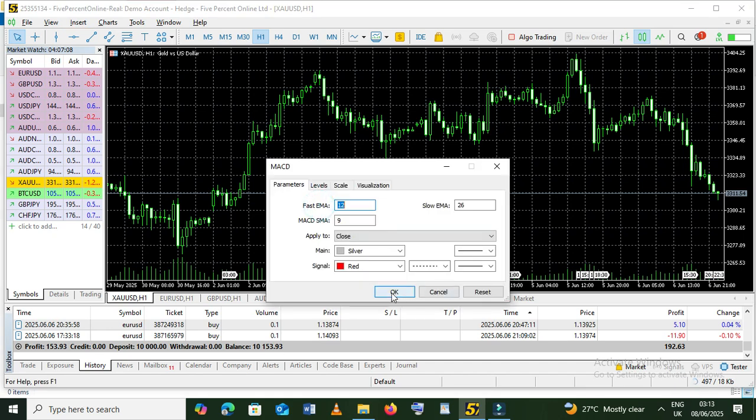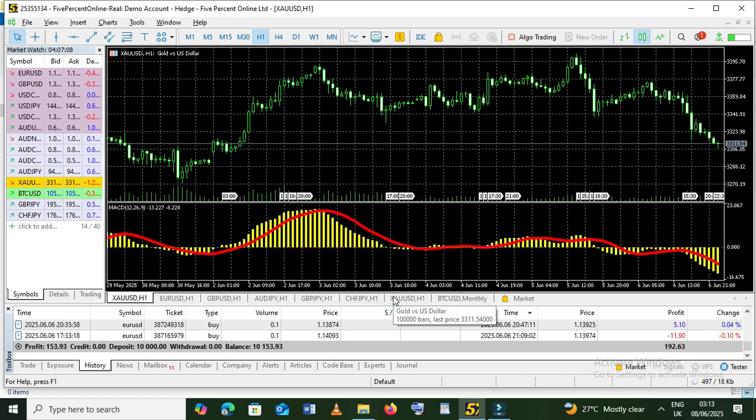So you click on it, then I can set the bars to be a little bit thick. Then let me set the color. Let me use red and yellow. So I'll click OK.